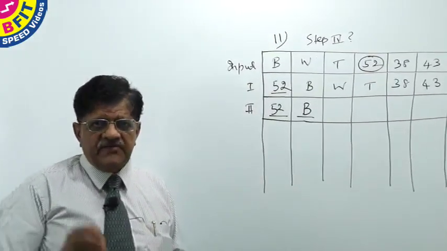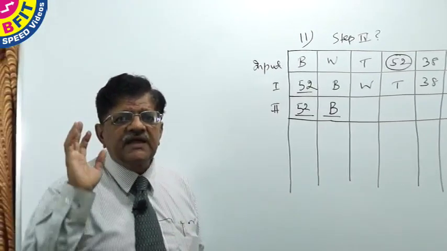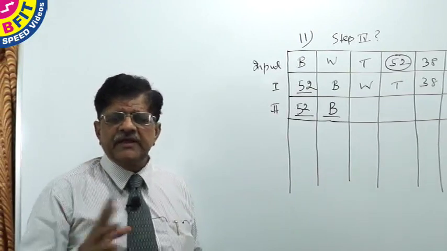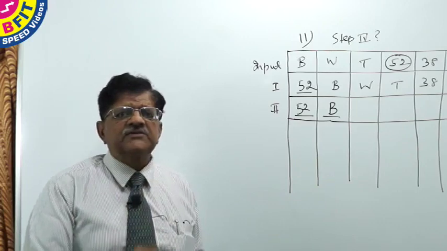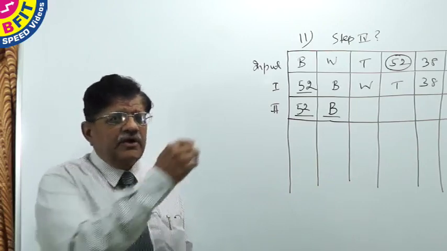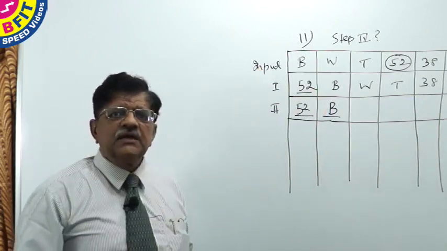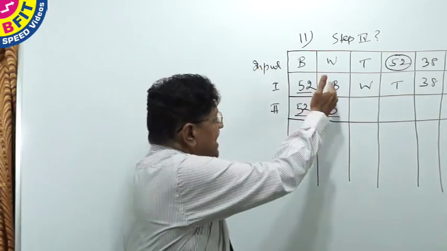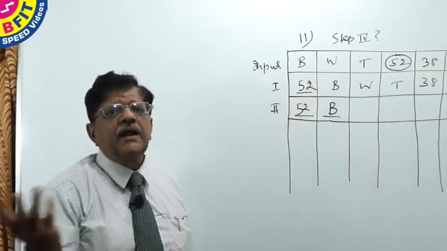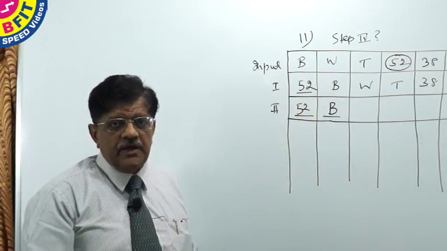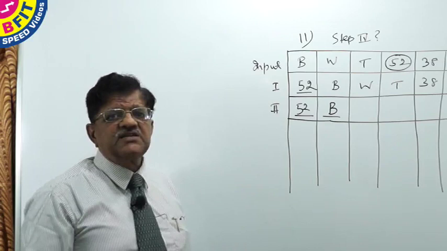Please remember, if a step falls by itself, it shall not be counted as a step. Very, very important. It is possible to argue both ways. It is only a mission. As far as it is concerned, it has taken this step, therefore it must be counted as a step. So you can also say B is already there, there is no need to put it, therefore it need not be counted as a step. Both ways you can argue it. But you should remember, when a step falls by itself, then it shall not be counted.